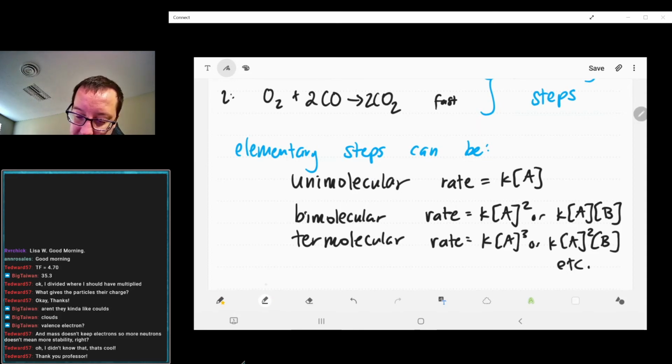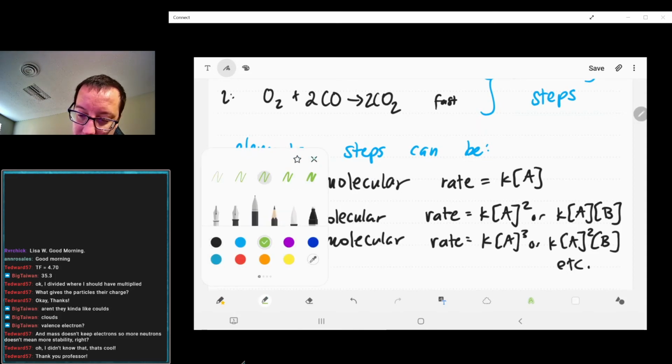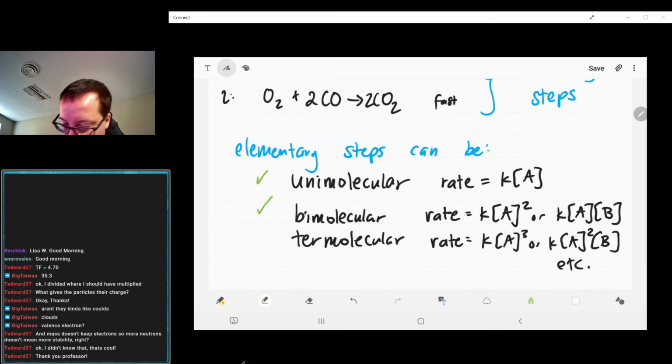Unimolecular and bimolecular steps are pretty common. However, termolecular steps are not so common. Because if we go back to way back when we talked about how reactions are happening, molecules need to collide in order to react with each other.